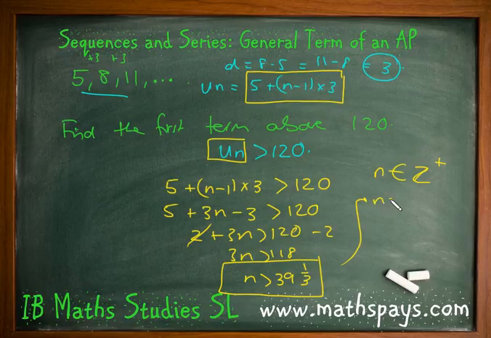So, in this case, n is equal to 40, which means my 40th term will be above 120. The problem is, that's not what the question asked. The question said, what is the term?